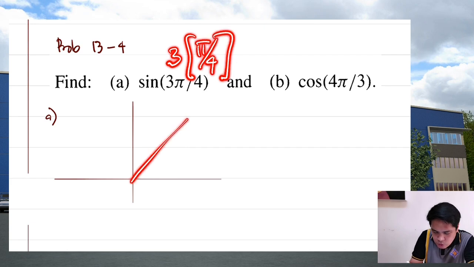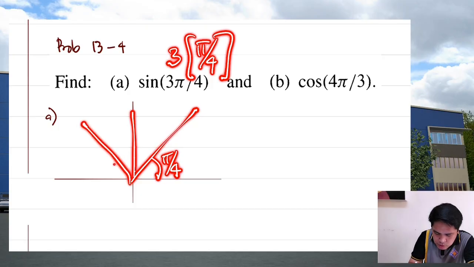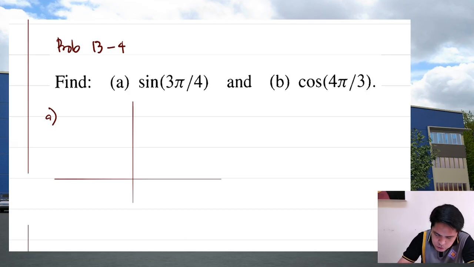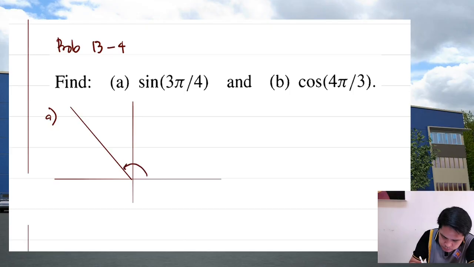And we know that pi over 4 is this. That's pi over 4, so take three parts of it. So this is 3 pi over 4. We could draw the 3 pi over 4 here. And if this is 3 pi over 4, this is pi over 4.